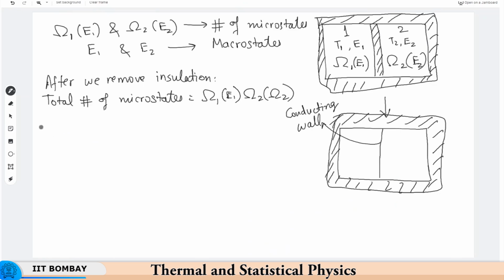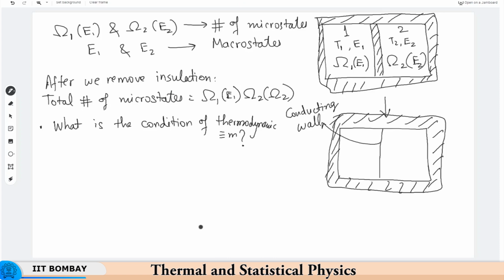So, the question that we are posing to ourselves is, what is the condition of thermodynamic equilibrium? And like I said, that will be where you have the maximum number of microstates, right.